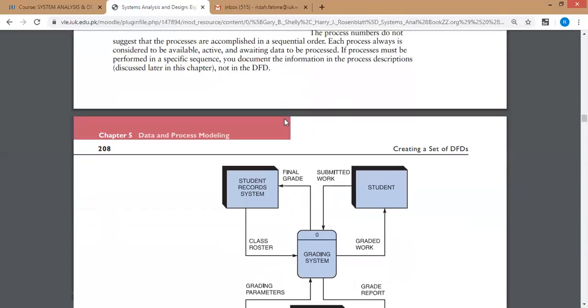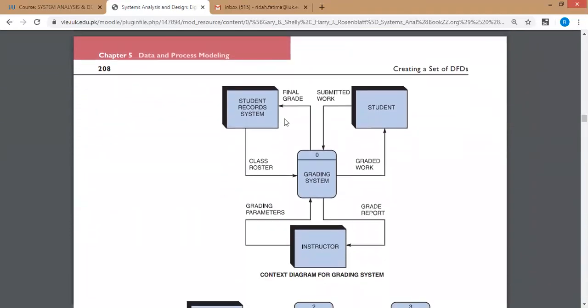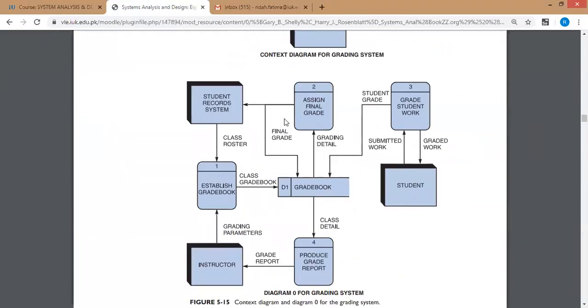this is another DFD, the context level DFD for the grading system. And this is DFD level 0 for the grading system. Now, what is the difference between a context level diagram and a level 0 diagram?